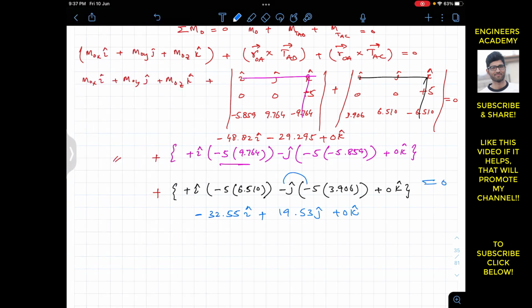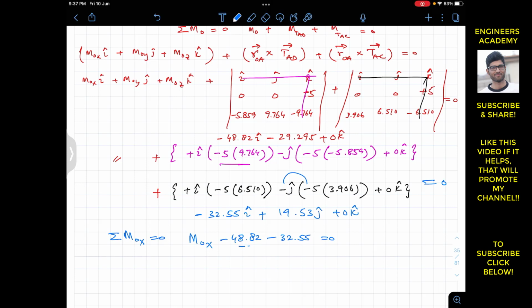So now we have to add up all the x components, that is the summation of the moment about x equals to 0. So this is MOX, and then this minus 48.82, and then this component, this is minus 32.55, this is equal to 0.